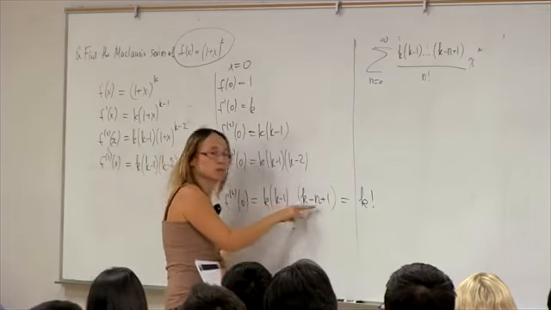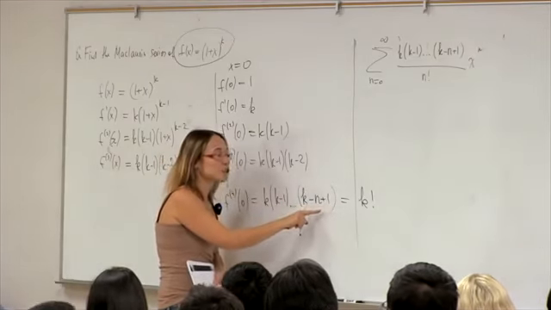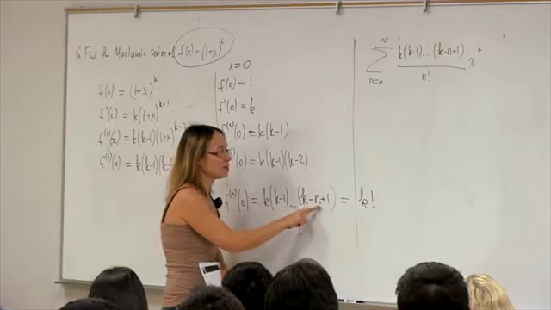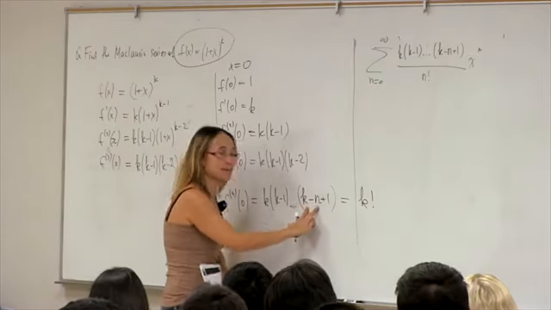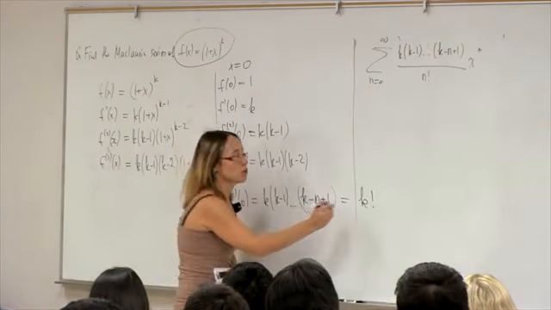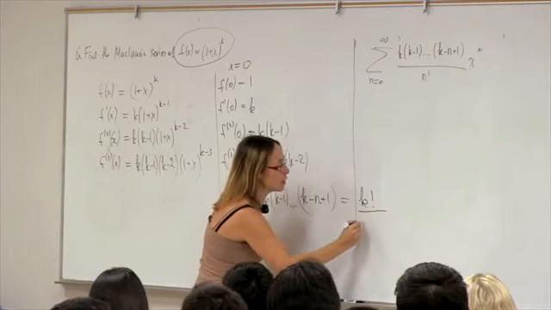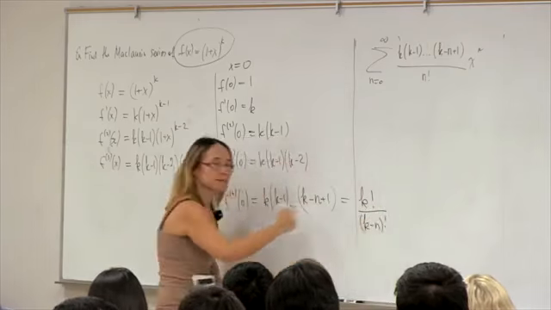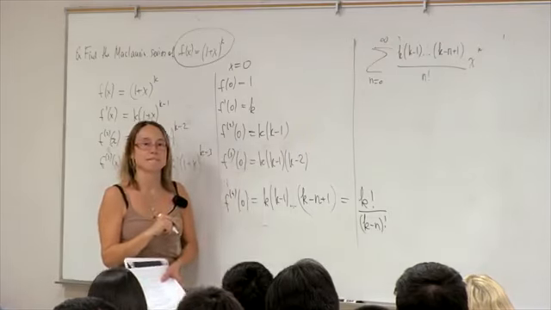However, I stop. And starting from k minus n, I don't have these terms here. So if I put in the denominator k minus n factorial, that's what this is, right?